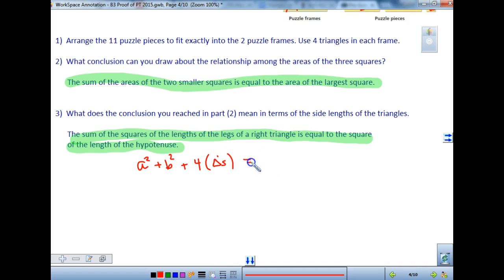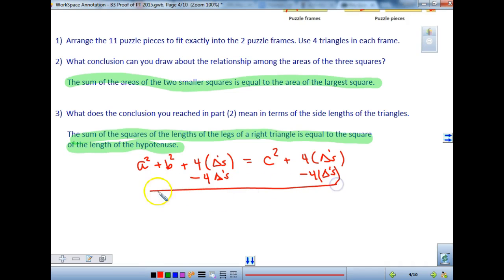Those 4 triangles were also in the c squared plus 4 triangles. Now, just thinking about equations, if I take away the 4 triangles on one side and subtract them on the other side, what am I left with? I am left with a squared plus b squared equals c squared.